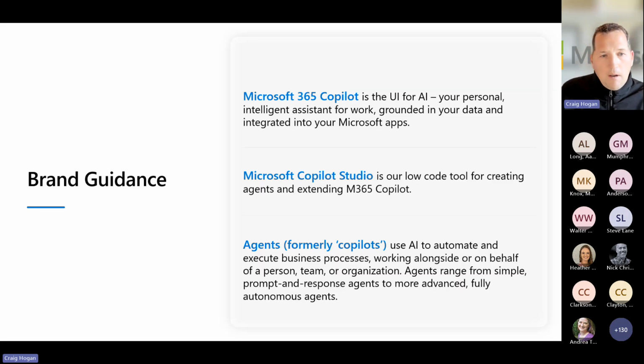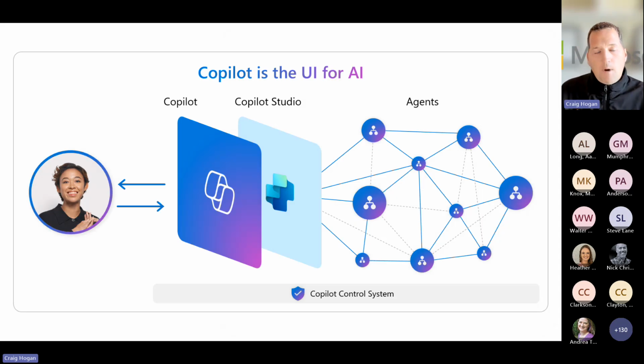When we think about UI for AI, if we look at it from this perspective where I'm the user, I'm using Copilot as my UI for AI, and I'm using Copilot Studio as my orchestration tool. Copilot Studio is my orchestration tool to organize and manage all of the different engagements that we can have, and how that's going to work.